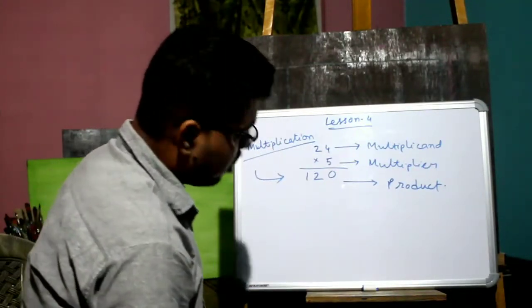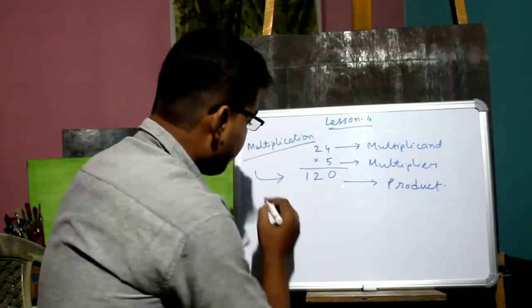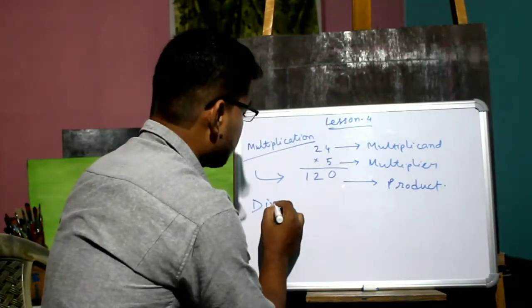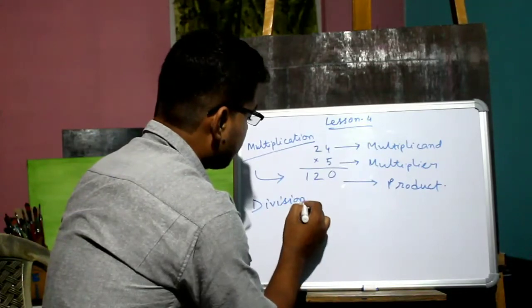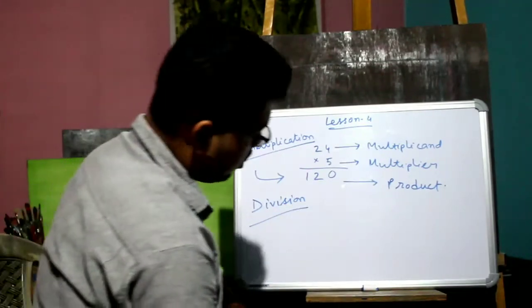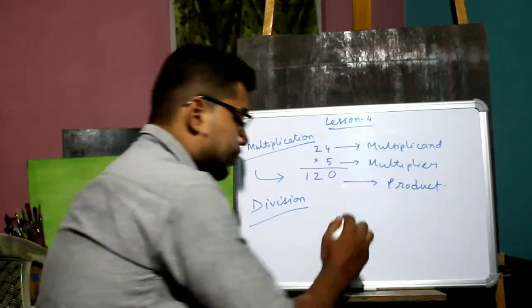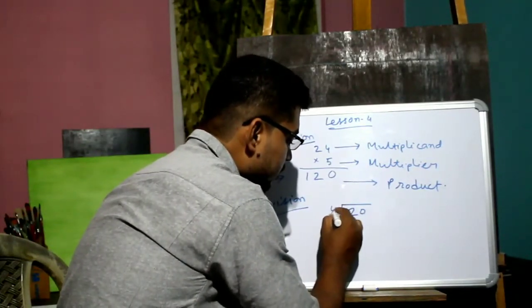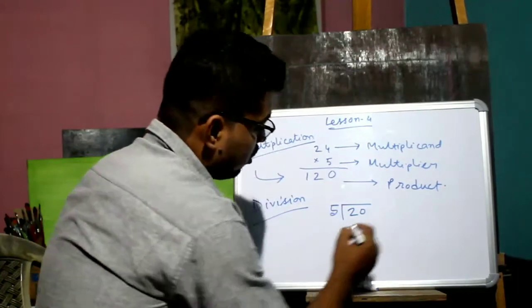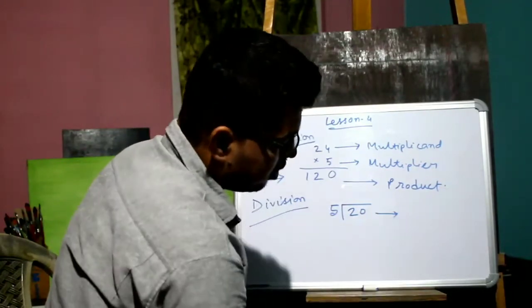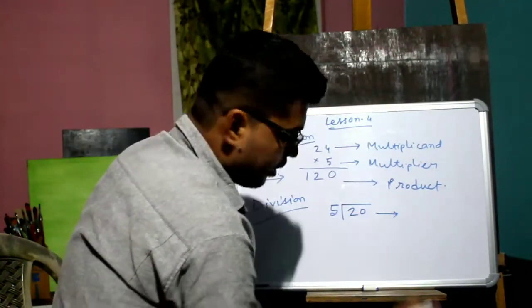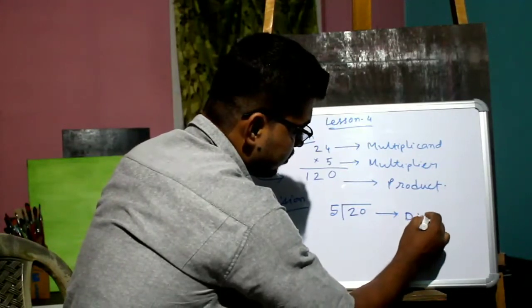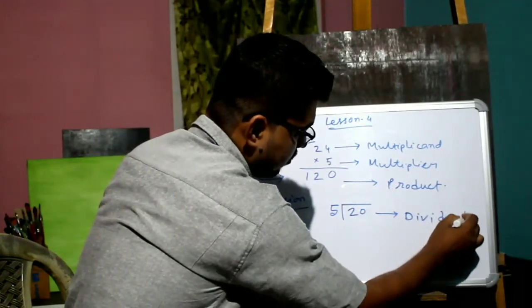Next, we will see division. For division, suppose 20 divided by 5. So this is called the dividend.